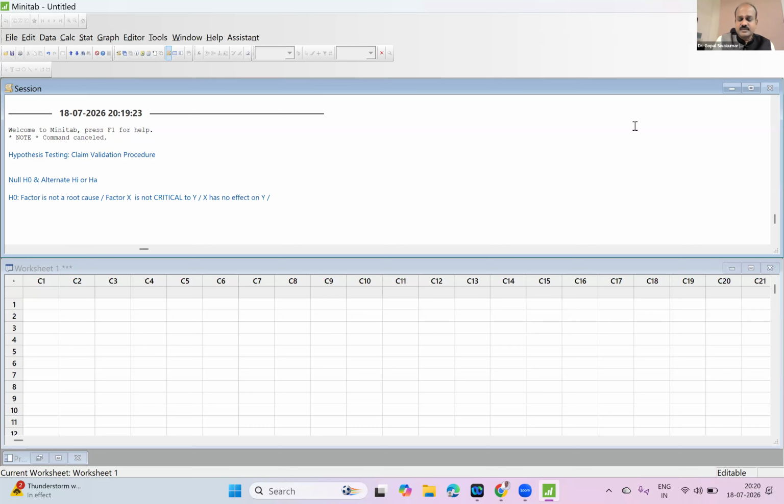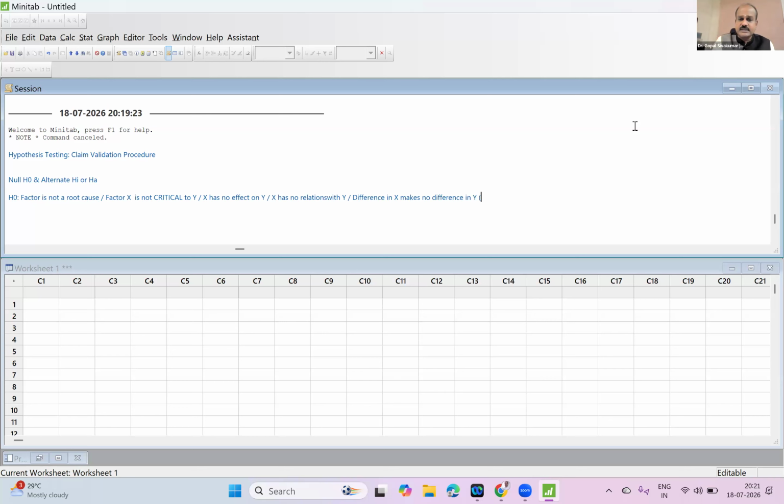Or X has no relationship with Y, or no effect. A difference in X makes no difference. Same relationship, no difference in Y. So all of these are called null hypothesis.